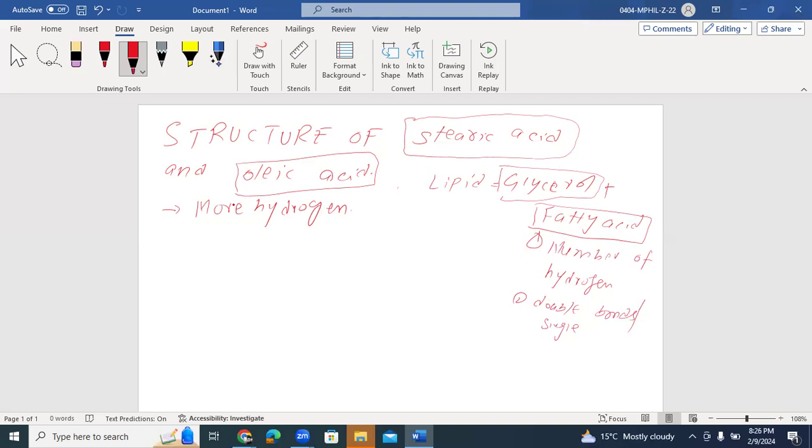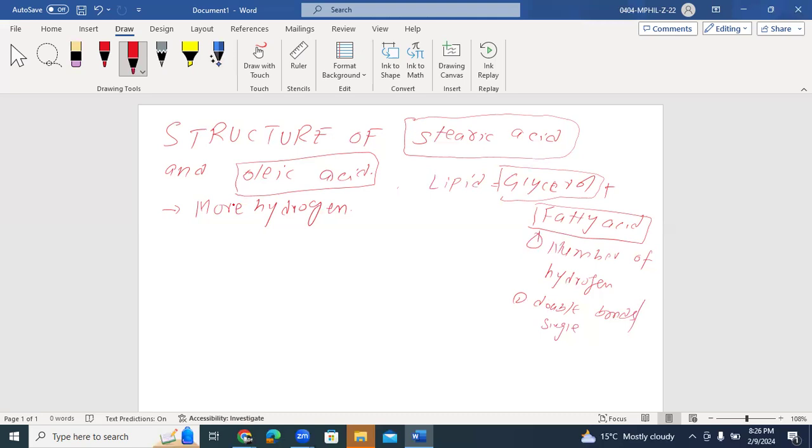In the previous lecture we studied that if the fatty acids present in the lipids are saturated, that will be fat, a solid form of lipid that remains solid at room temperature.